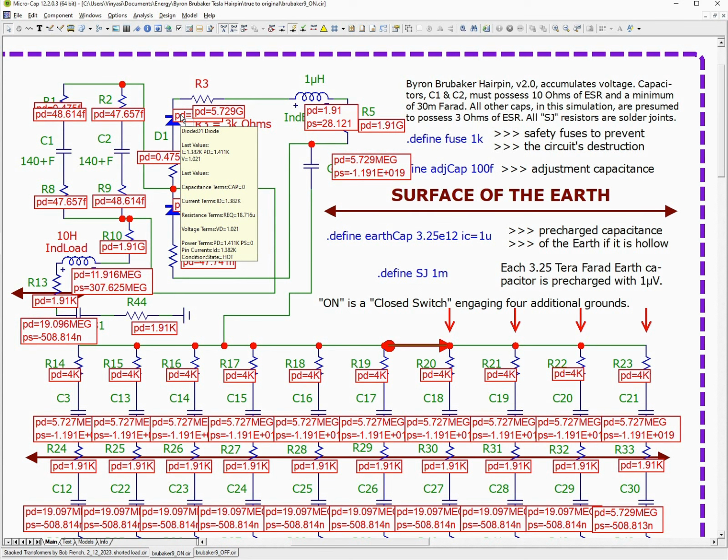PS is 0. Oh, the power. Oh, so the power stored is 0. Wait a minute, I got 2 different values. Oh, this is on the resistor. I'm sorry. So it's 0. That's why it doesn't list it. It only lists the dissipation of the diode, which was about 1,400 watts, kilowatts.